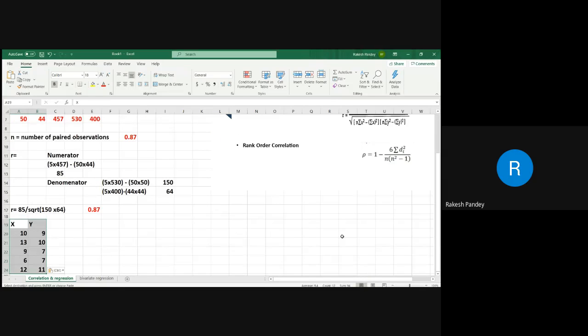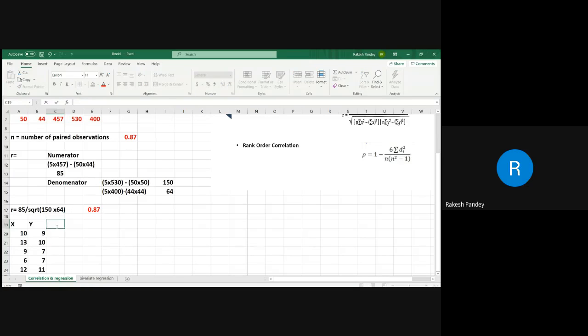Here the rank order correlation is determined by rho. It is very similar to a small lowercase p, but it is somehow rounded, and it is the Greek letter rho. If we have two score series, rank order correlation will be calculated by rank score. So we need to calculate.